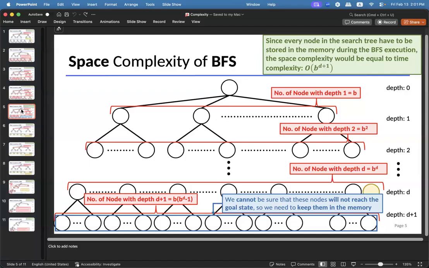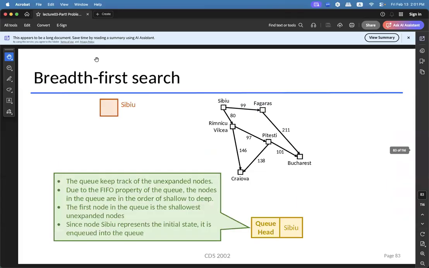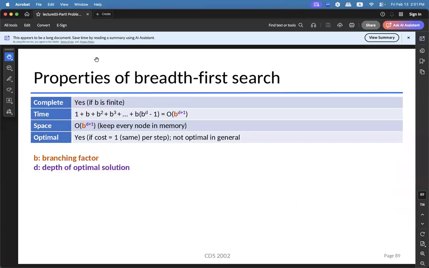That is the reason why the space complexity of breadth first search is the same as the time complexity. This is just a very rough explanation of the complexity, to give you a general idea. I'm not here to make a very rigid proof, but you get the idea of where these two complexity factors originate from.